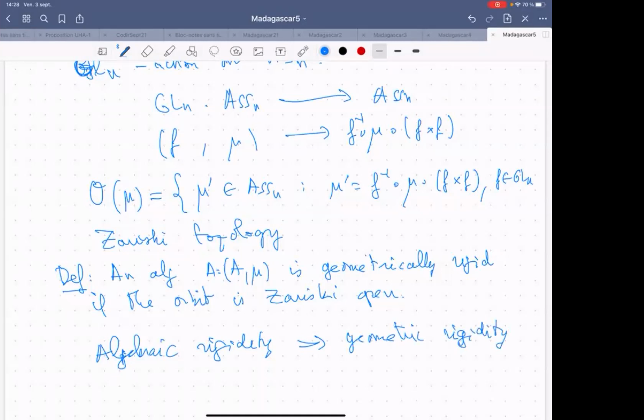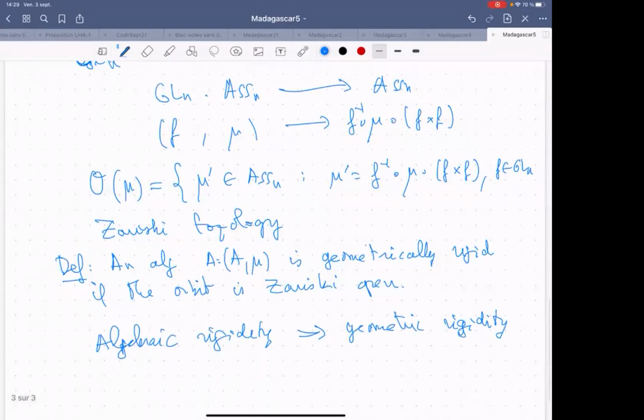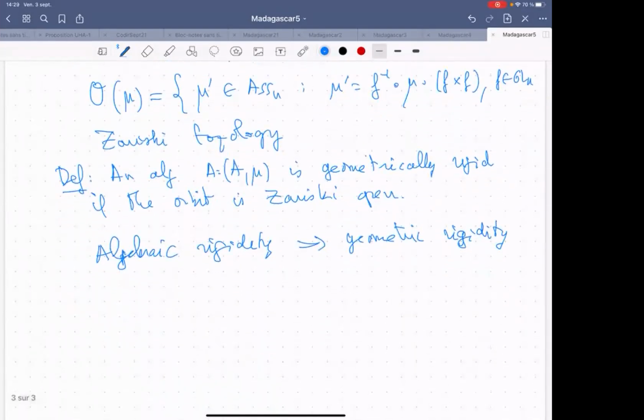And what is the connection between this cohomology and this geometric discussion? In fact, when you have this algebraic variety, we can have two tangent spaces.